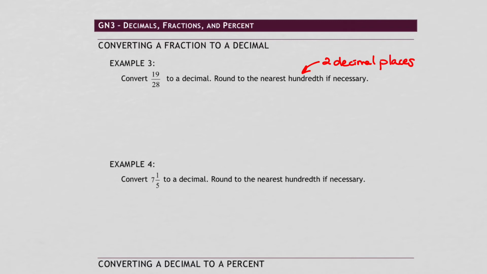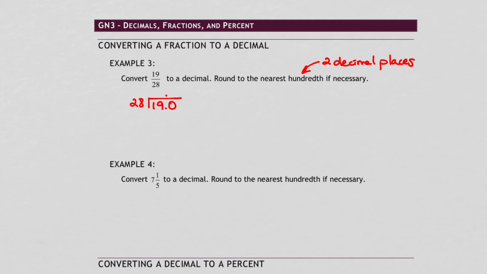Okay, so we're going to take 28 and divide into 19. Well, 28 does not go into 19 evenly, so we're going to add a decimal and then a 0, and that means I'm going to put a decimal on the top.